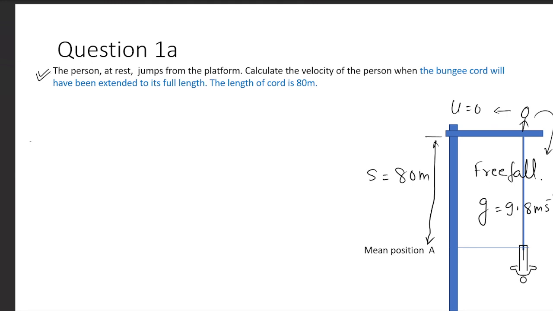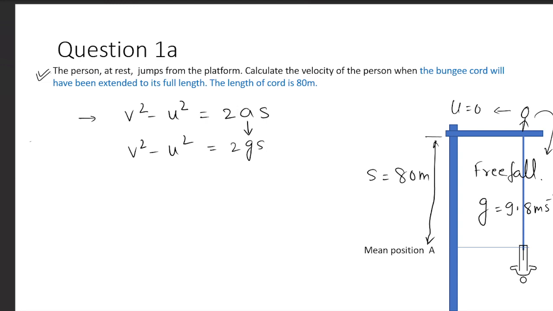Have you decided which formula you are going to use? We can use the SUVAT equations. There are three SUVAT equations and I'm going to use the third one: v square minus u square is equal to 2as. Here a is acceleration, and instead of a, we can use g. So v square minus u square is equal to 2gs.